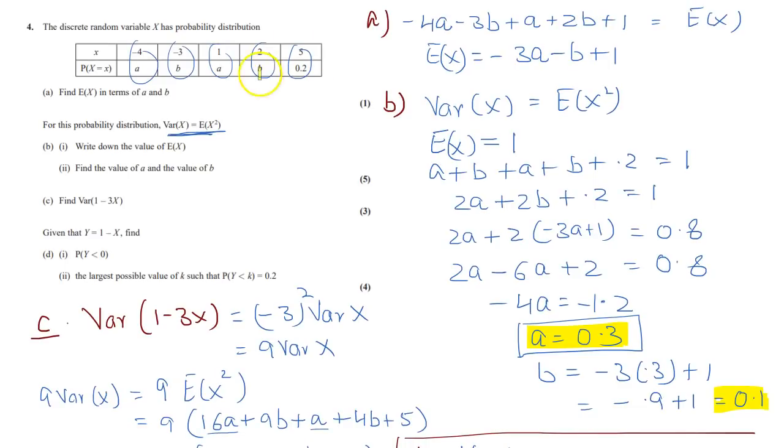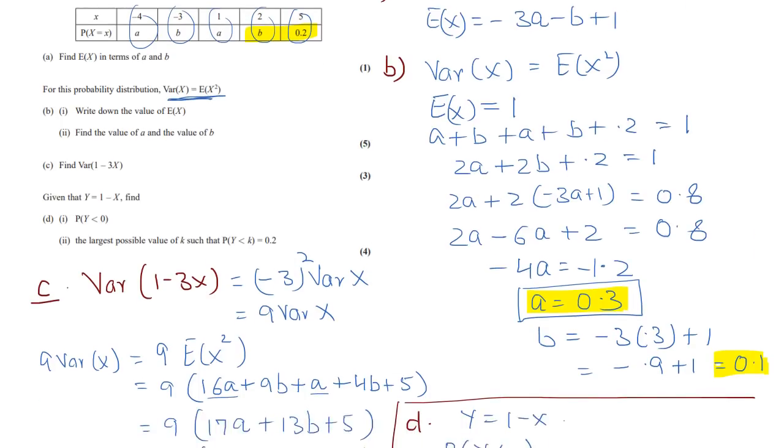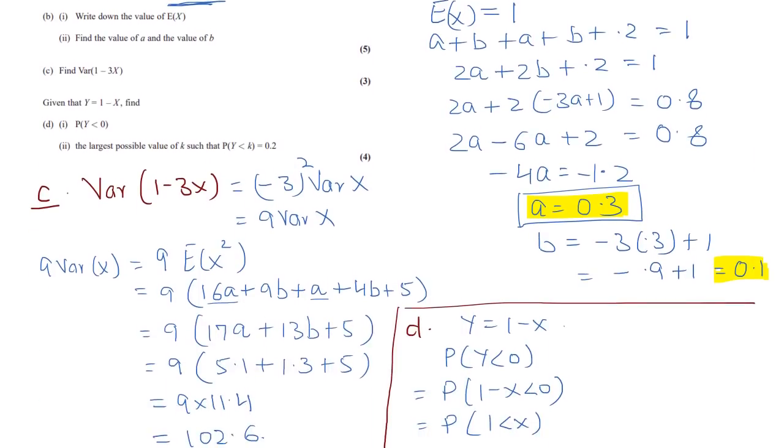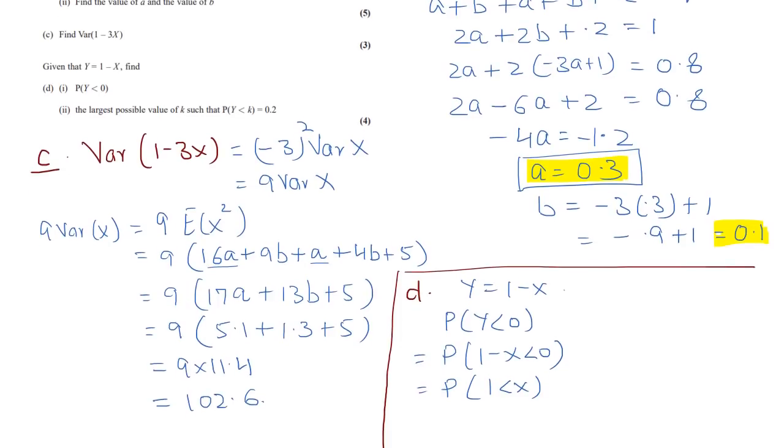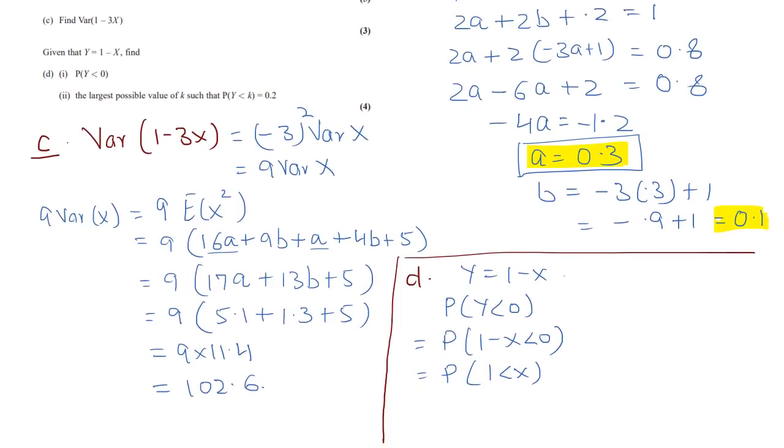So this probability will be B plus 0.2. So that is 0.1 plus 0.2. This is 0.3. This is the first part.